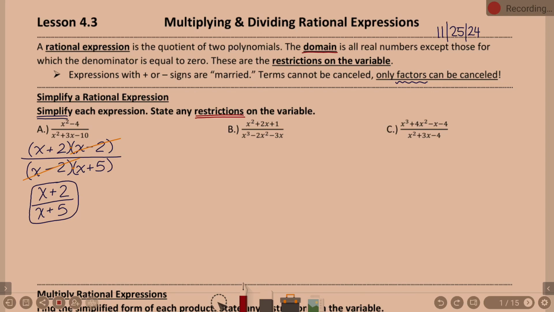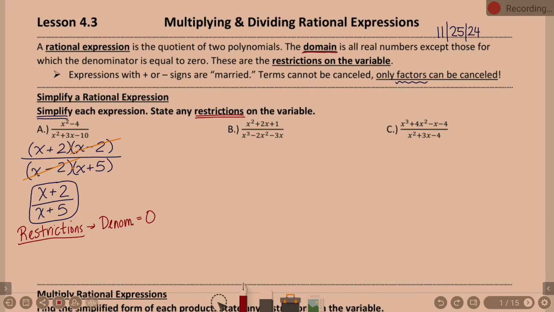Okay, so in order to find our restrictions, I'm going to say take your denominator and set it equal to 0. Now, which version of the denominator do we want to set equal to 0?